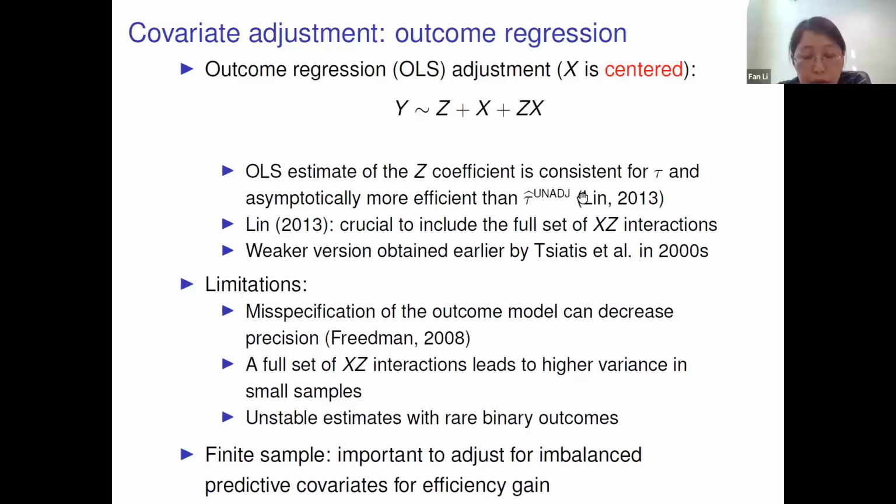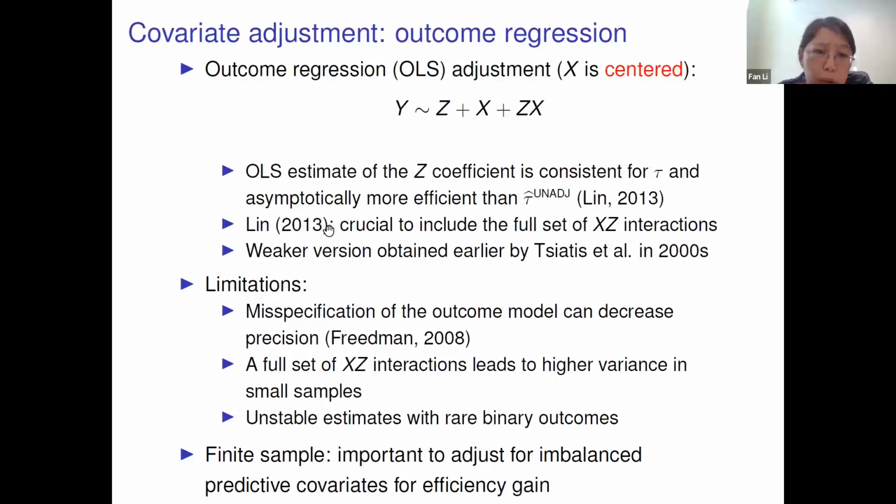Lin's result is very strong, because it showed that the consistency holds regardless of whether the true model is linear.